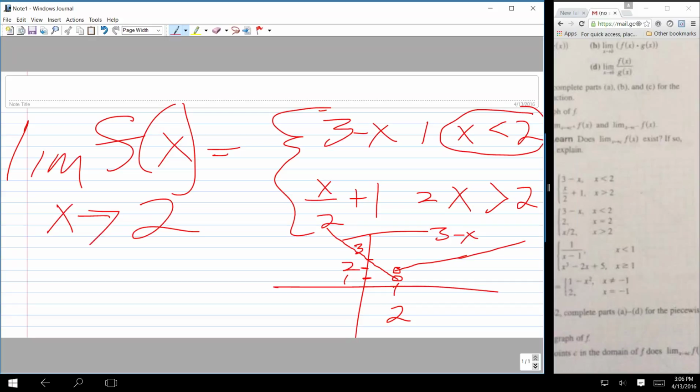The key is that if the limit from the left is the same as the limit from the right, then that's the limit. But if they're different, then the limit does not exist. So the answer is it does not exist, because from the left it's 1 and from the right it's 2. They have to be identical. Anything other than identical, you can immediately say it does not exist.